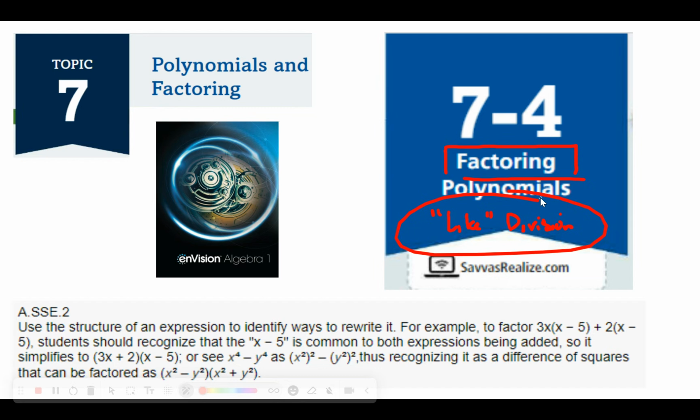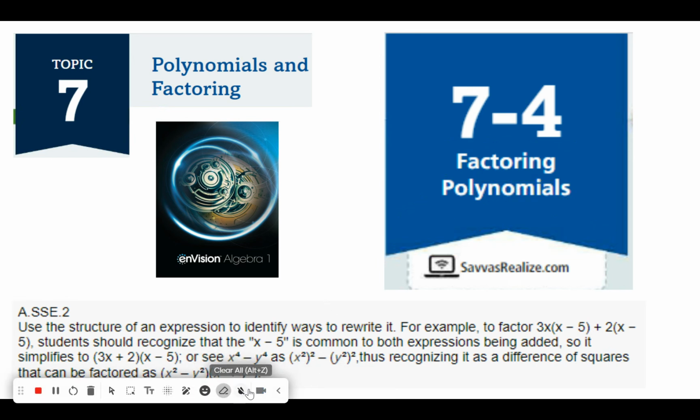What I mean is we're going to be taking things out, or breaking things down. When you multiply, you distribute in. When we factor, it's like we're undistributing. So again, think of it as division, okay? All right, so let's take a look at what we got here.